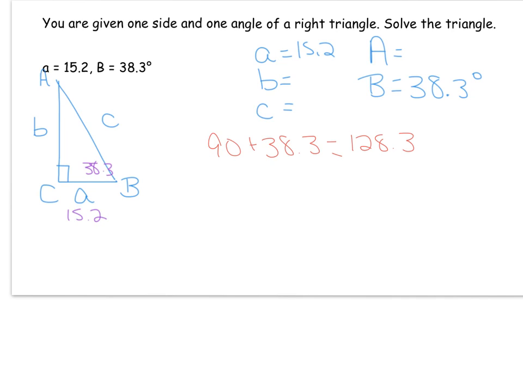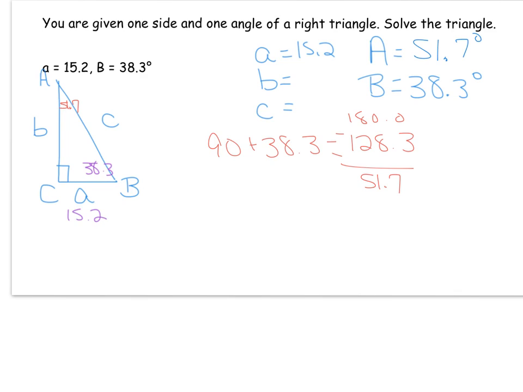We're going to subtract that from 180. And we get that the other angle is 51.7 degrees. So this angle is 51.7. So finding that third angle was not a big deal since we already had one, right?